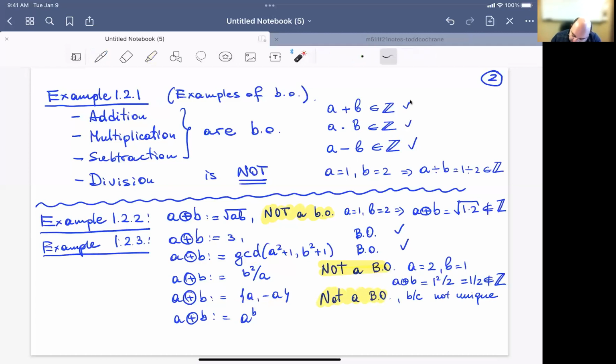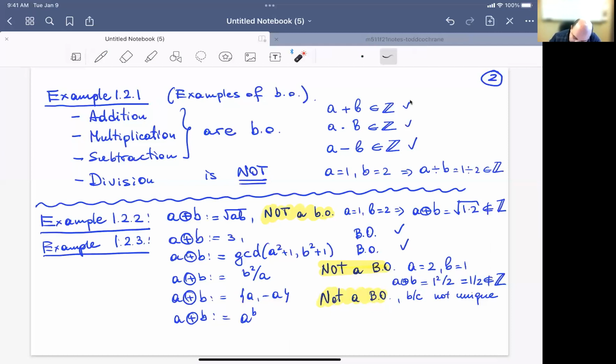And what about the last example? I have a to the power b. Can I have a pair of integers a and b so that a to the power b is not an integer? And the answer is yes. If I choose, for instance, a to be a natural number, a positive number, and b negative, then the result would not be an integer.